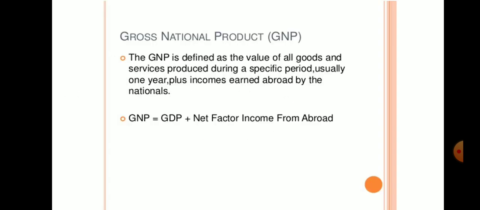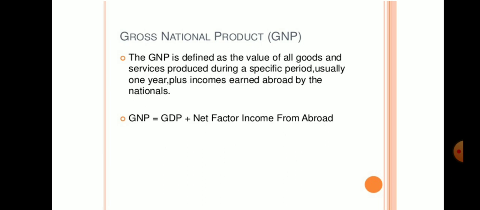So, GNP is defined as the value of all goods and services produced during a specific period of time. Every definition says it is calculating the value, what has been earned by the country through sales and services.